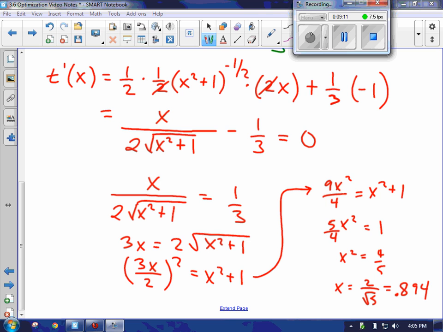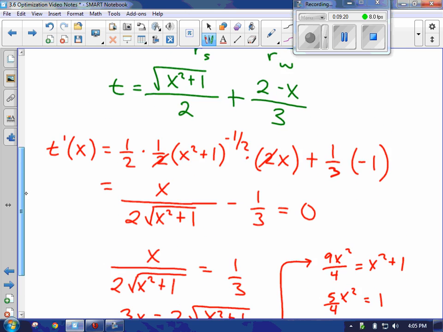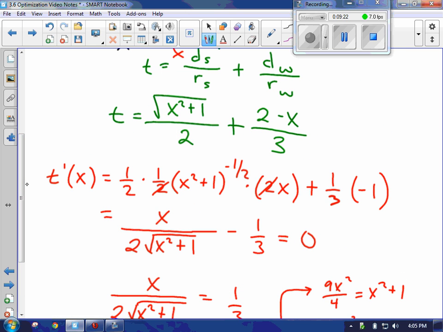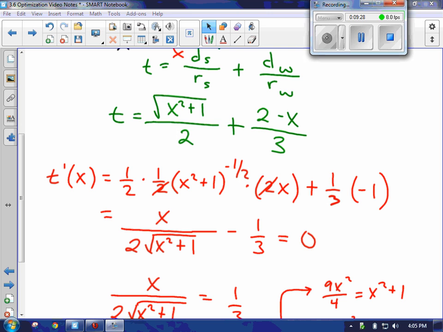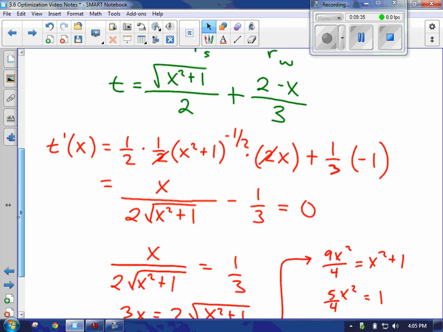Okay, this is a lot to look at, so I'm just going to go through it piece by piece. So when I take the derivative of t, you have to use the chain rule here. Sorry about that, I was looking for a pointer so I can point at this. But the first expression, you're going to have to use the chain rule.